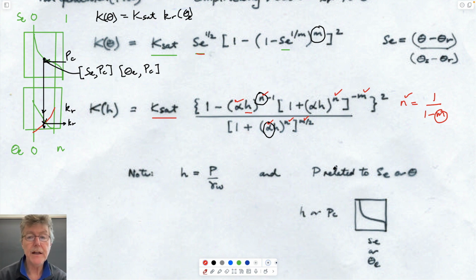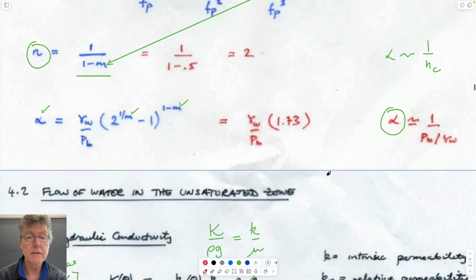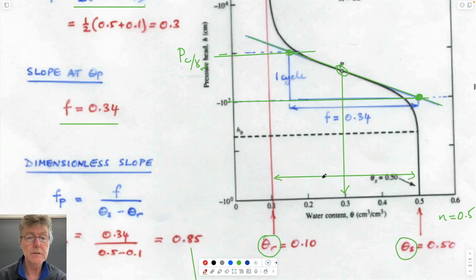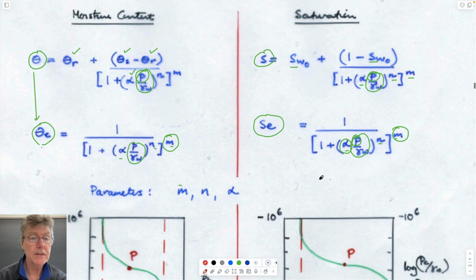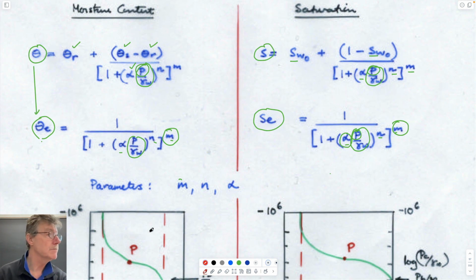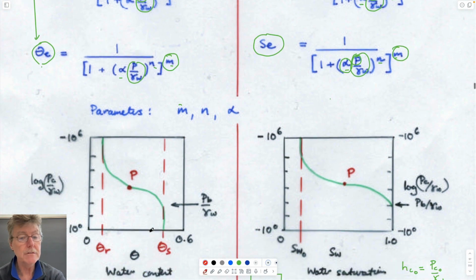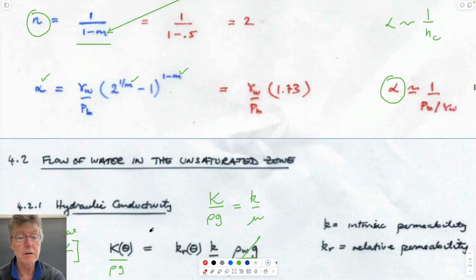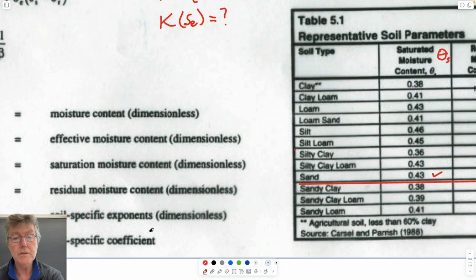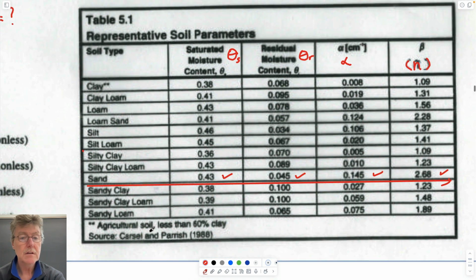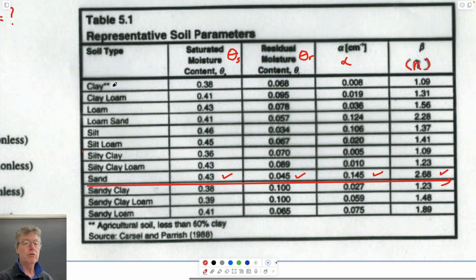Likewise, if you have these values of n and alpha, you're able to substitute them into these expressions here and get the capillary pressure versus saturation curves. So you don't need to do an experiment to define those behaviors. You can just rely on the fact that someone has classified them based on a variety of different soil types that cover a broad range.